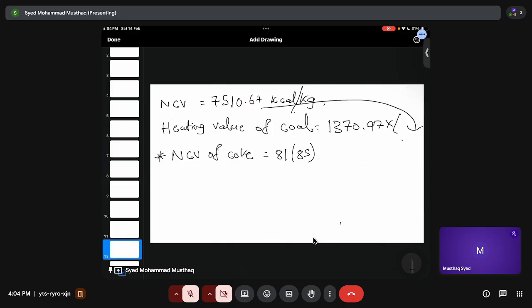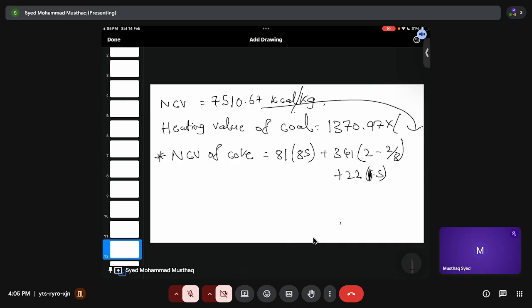So the heating value of coke will be 341 times the percentage of hydrogen, then the percentage of oxygen, then the percentage of sulfur, which is 1.5. Instead of writing 34 point something, we just write 341, and again 22 point something, we just write 22.